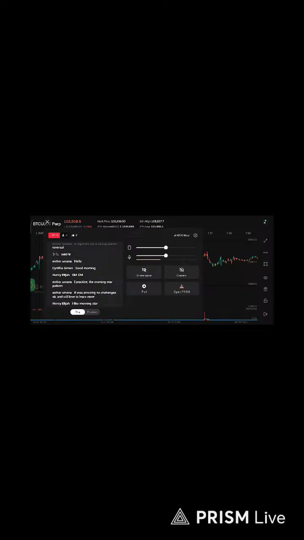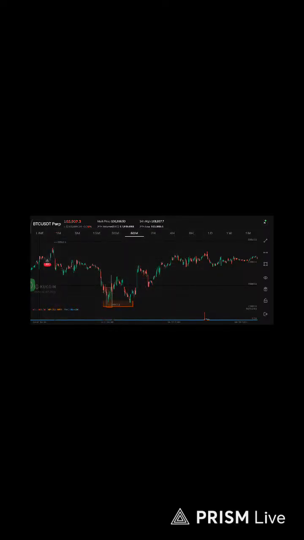That's good. So today we are going into the opposite of the morning star. Remember, the morning star is a bullish reversal, while the evening star is the bearish reversal. There are no two ways behind it, it's just opposite.